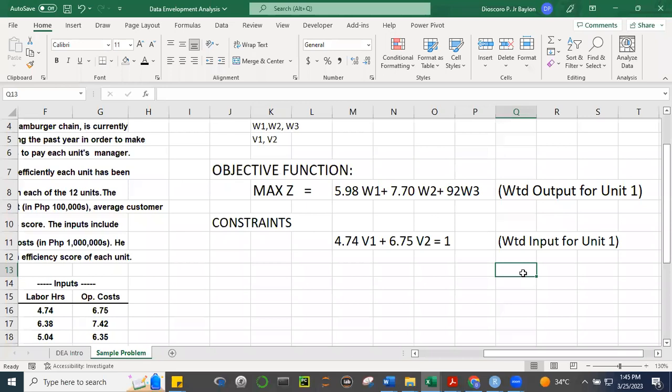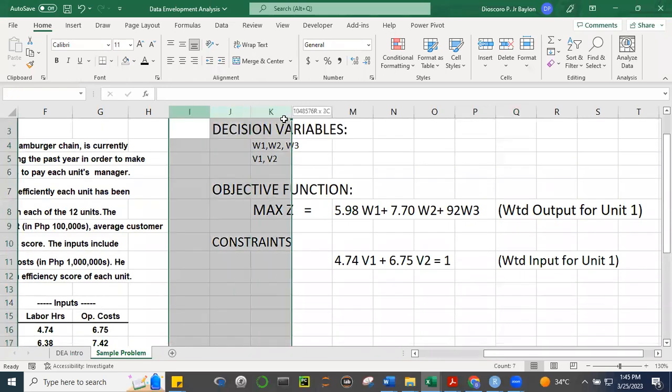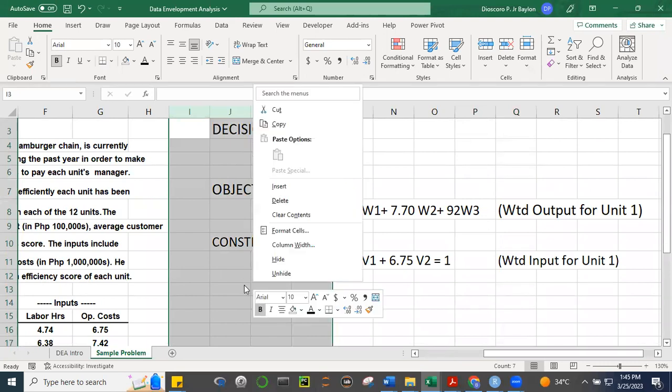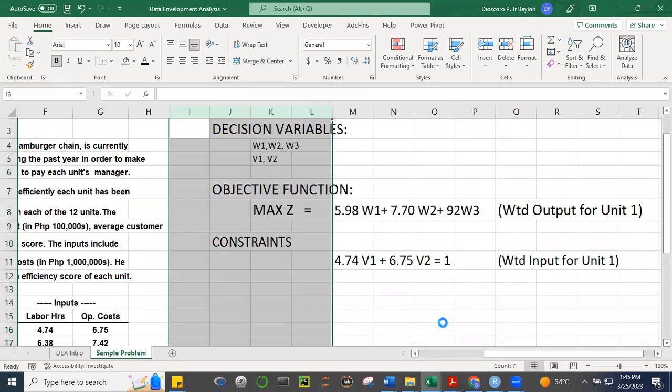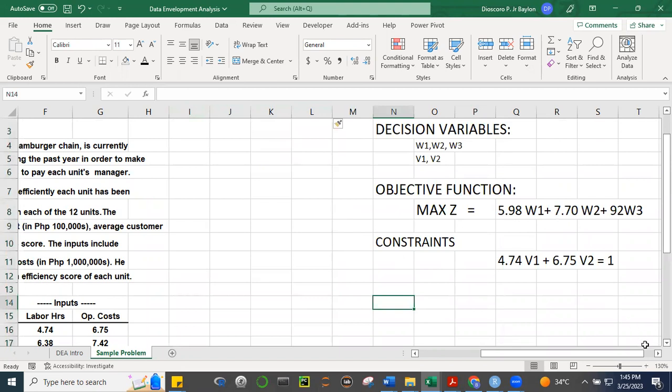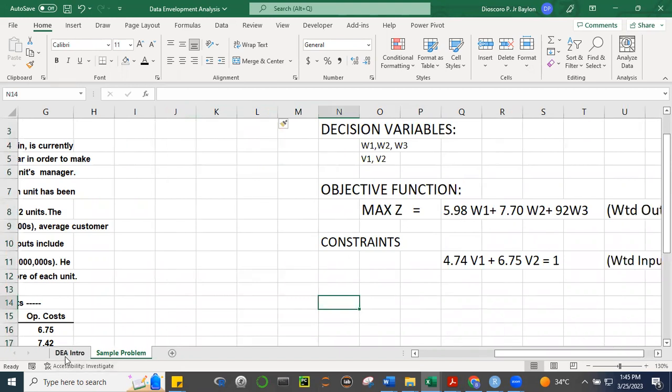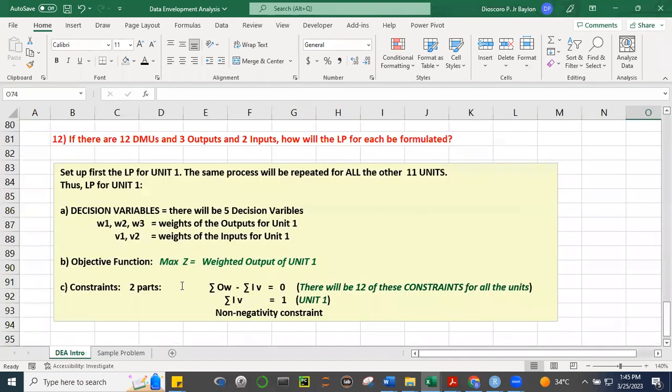Okay. So what else, class? What else is our constraint? If you take a look at our notes, weighted output minus weighted input. You recall this a while ago? This is the relative efficiency.